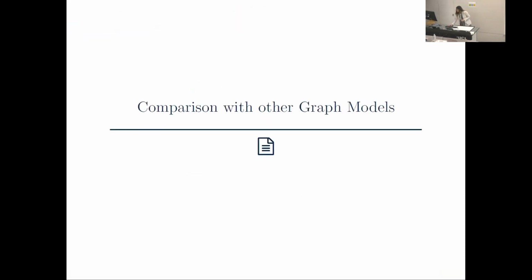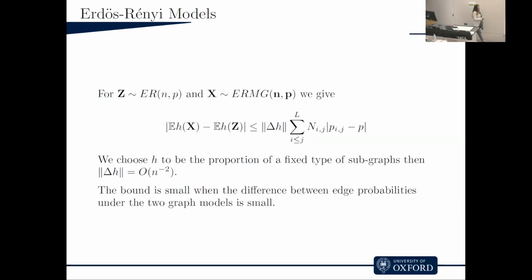So once we have our Stein's method all set up, we can bound the distance between the ER mixture graph models and some other candidate models. We bounded the distance between the ER mixture graph models and ER models.